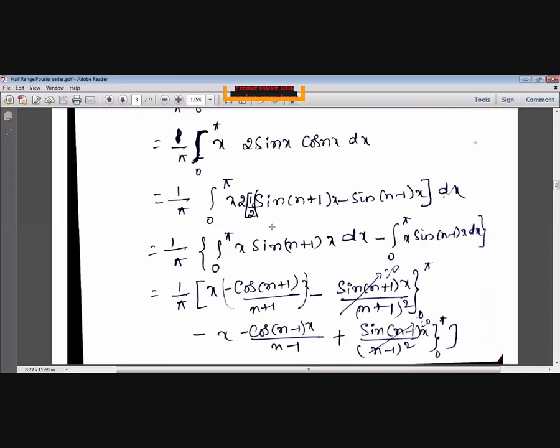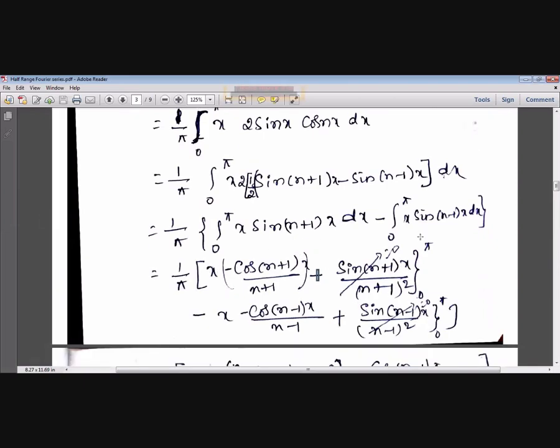Again use integration by parts for each term. Plus, because already one minus is there, we need to write minus for the second term. This will become plus. Okay, from 0 to pi it will become 0 only.